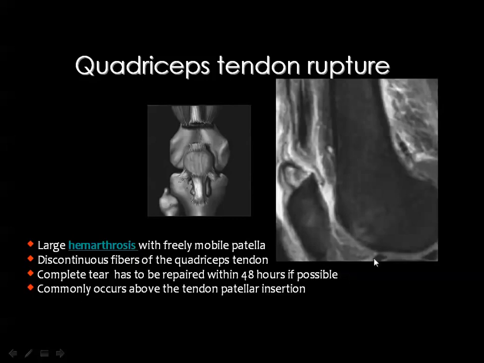Of course, if it is post-traumatic, the rupture will lead to a significant amount of blood within the joint, and the patella will be more freely mobile compared to the state when the tendon is intact. A complete tear is usually required to be repaired within the first 48 hours if this is possible.